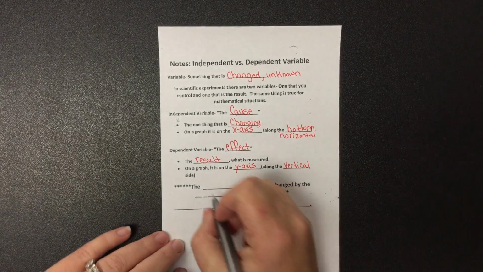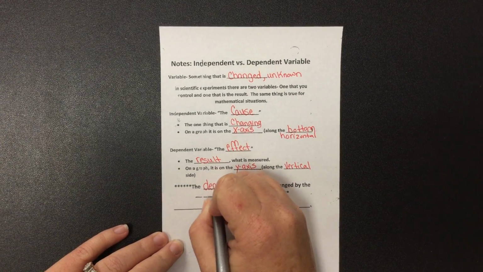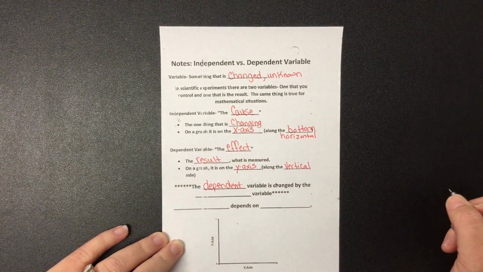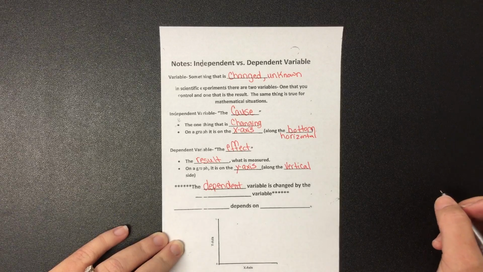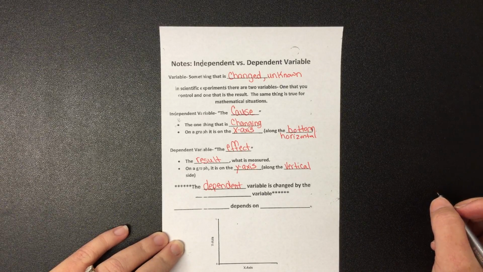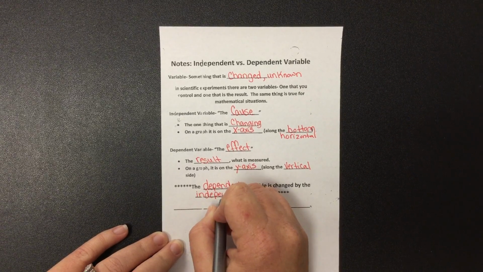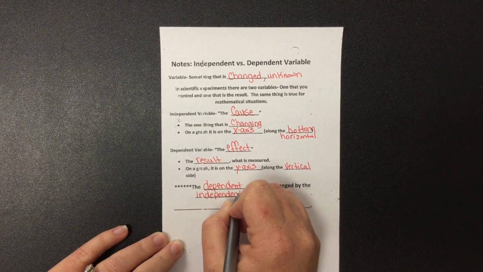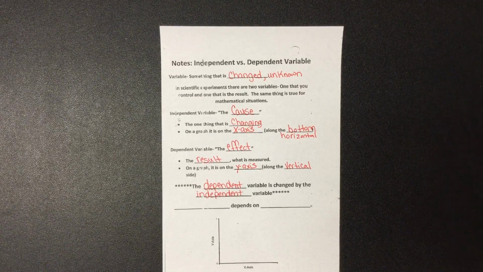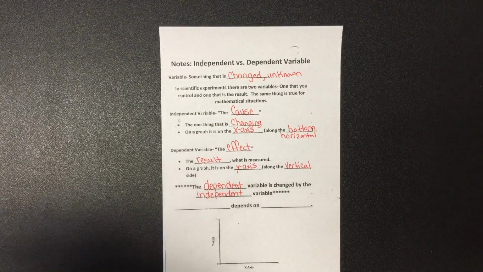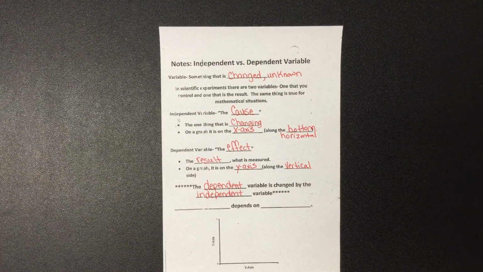The dependent variable is changed by the independent. So the dependent variable is changed by the independent variable. It's going to be changing with whatever happens to that one.